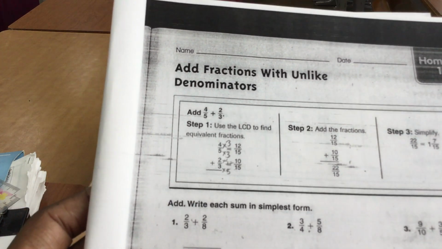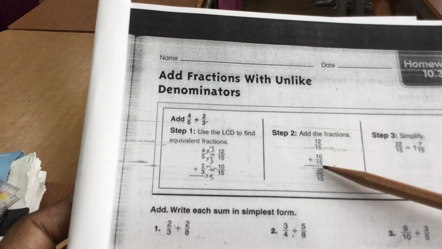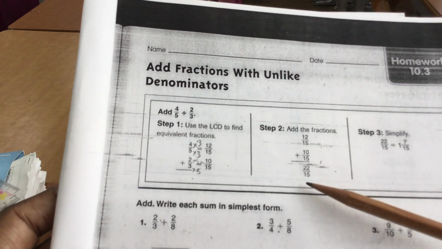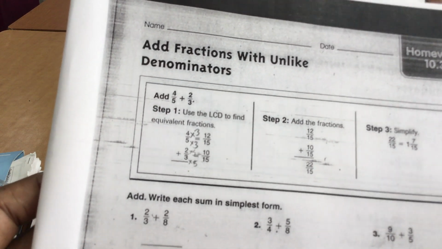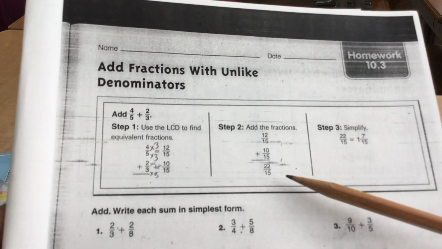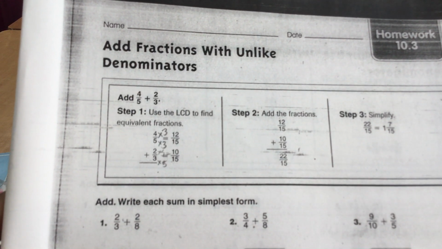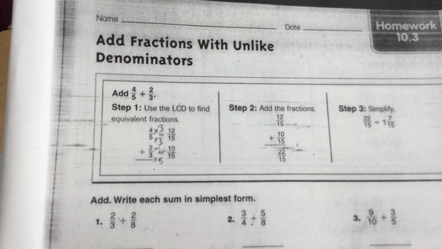Now we add the fractions together, right? 12/15 plus 10/15 gives me 22/15. Now remember, what kind of fraction is that? Can we leave that like that? No, we cannot. 22/15 is an improper fraction, okay?